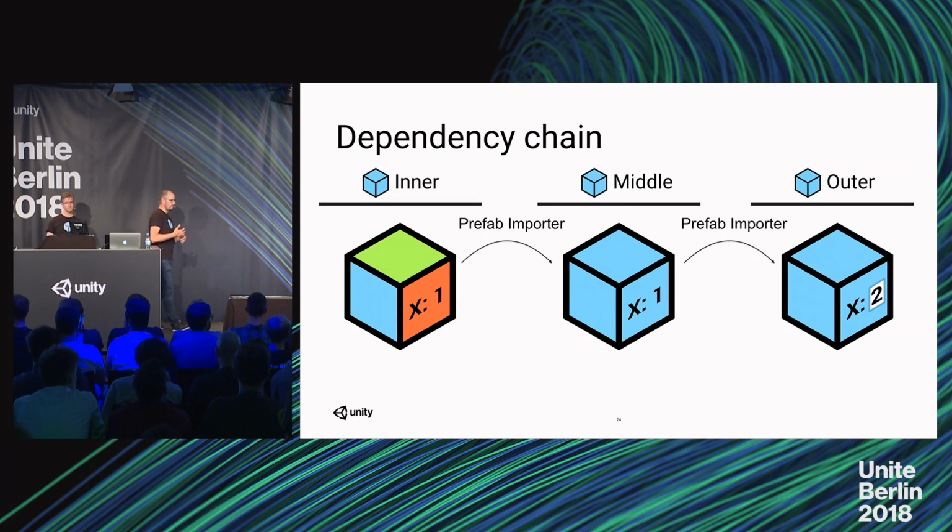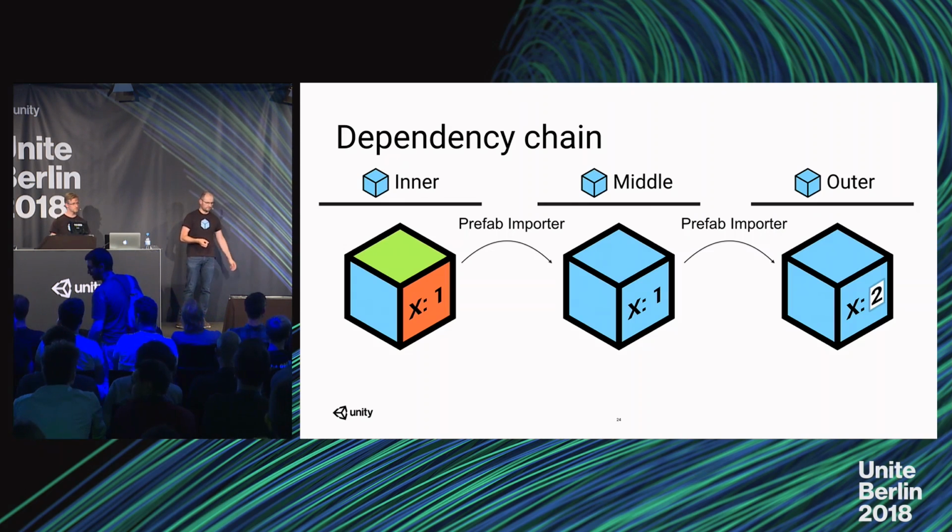All of this importing has to be done in the right order. When we bake the prefabs into the library folder, in order to be able to do that, we need to have the inner prefabs imported before we import the outer prefabs. So in this case, we have a chain of 3.